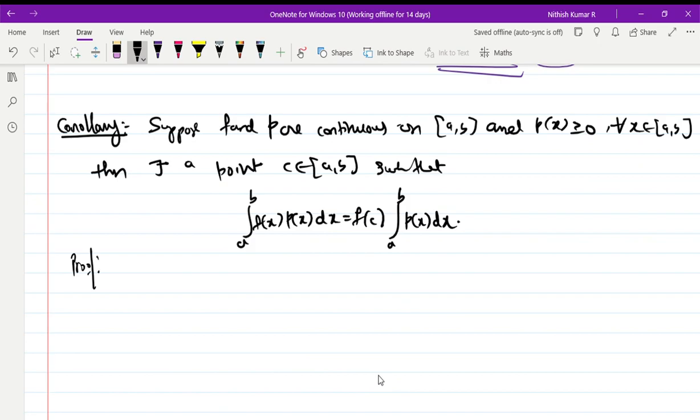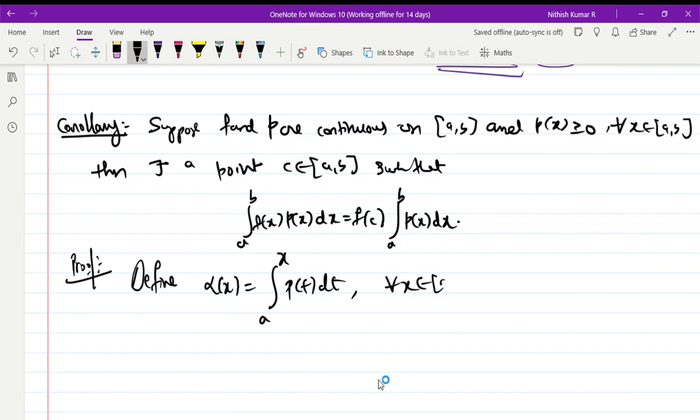Define alpha of x equal to the integral from a to x of p of t dt, for all x in the closed interval [a, b].